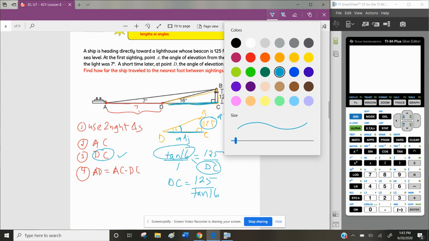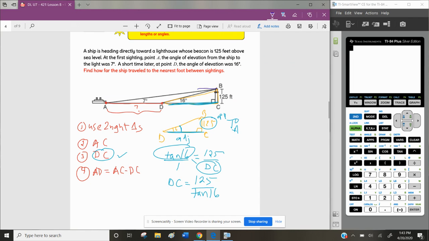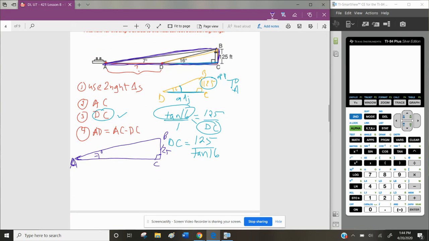So now we're going to do the other triangle, which is this big, long outer one. I should have picked a different color for this, right? This big, long one. Okay, so what am I going to be finding in that big, long triangle? ACB. This side's still the same, the right angle the same. My angle of elevation is 7 degrees to the top of that lighthouse, and I'm finding all of AC now, right?